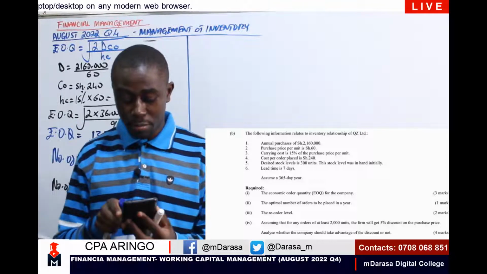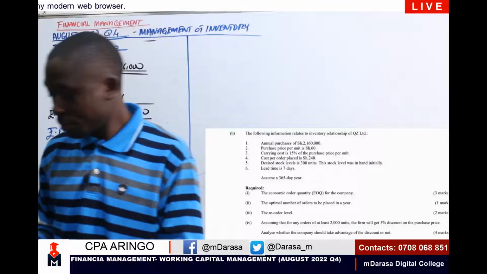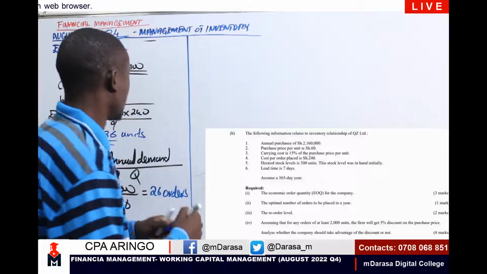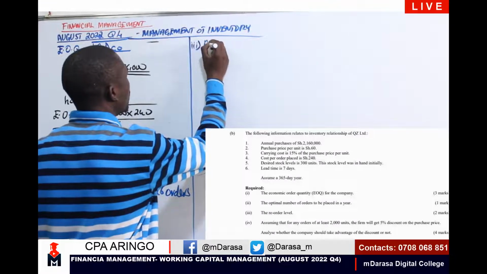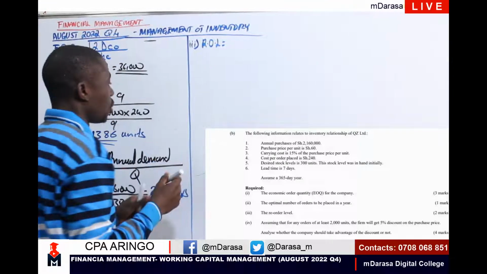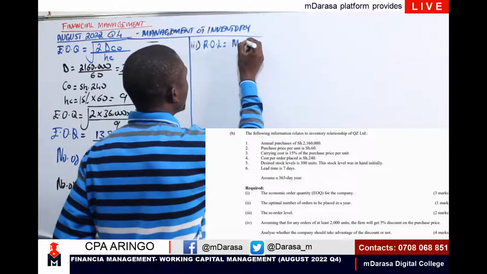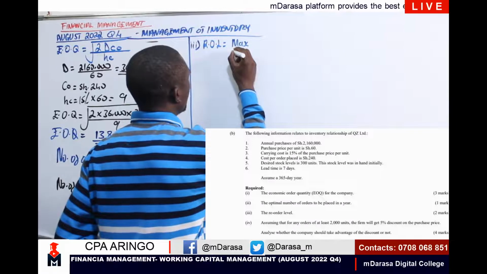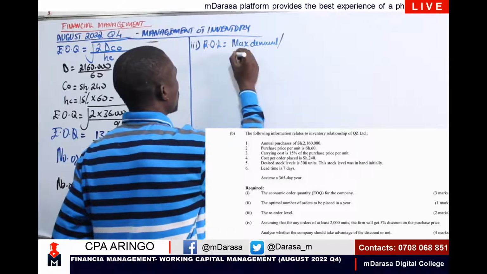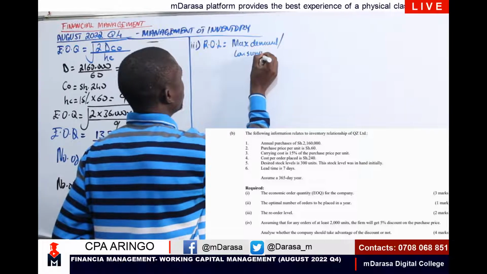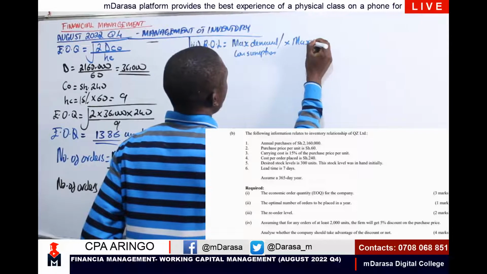We proceed to the next bit, to see what the examiner wanted us to determine: reorder level. Part 3 of the question, the examiner wanted us to determine what? Our reorder level, ROL. And recall, for your ROL, you must always recall this, that you're talking of maximum consumption, that is maximum demand. Some will call it consumption, times our maximum lead time.